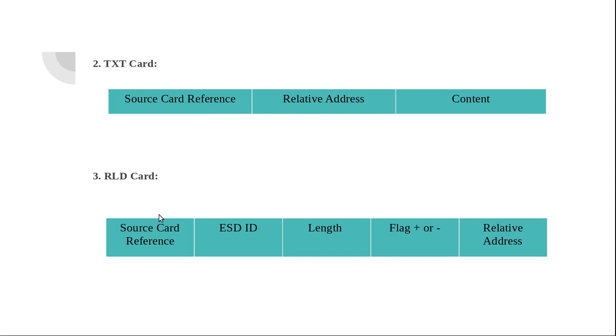Then the RLD card. RLD means relocation and linkage directory card. What is the purpose of the RLD card? It contains the location of each address constant in the segment.